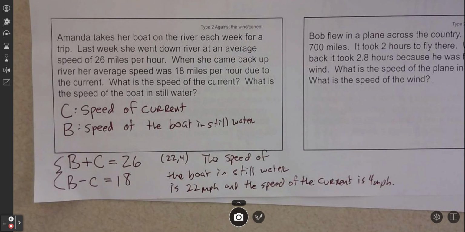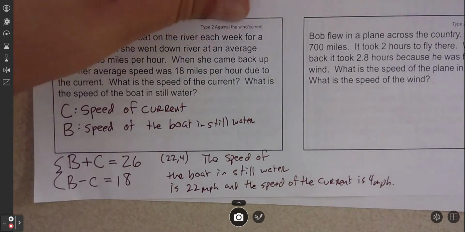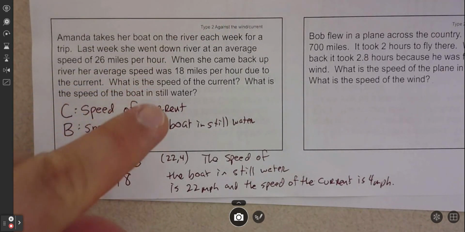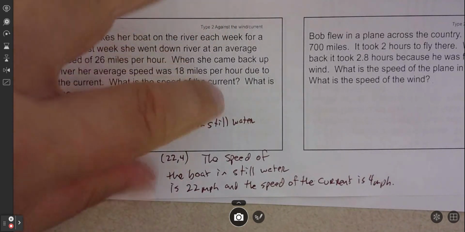Okay. That's kind of against the wind, with the wind, current, whatever, kind of a simpler one.